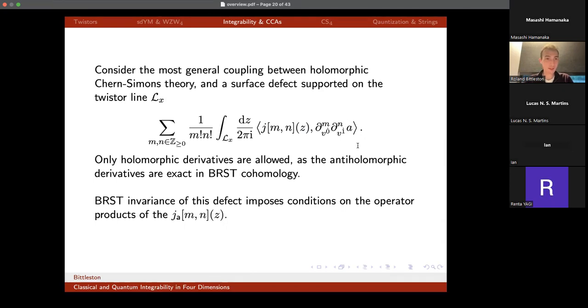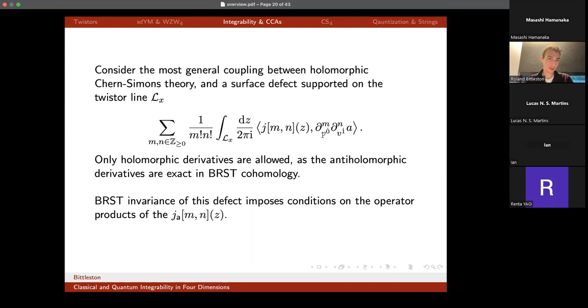The reason I put holomorphic derivatives here is because anti-holomorphic derivatives are exact in BRST cohomology. So in a certain sense, this is the most general way I can imagine coupling my bulk theory to a theory on the defect. So this is a little bit like a Wilson line. It's a generalization of a Wilson line.